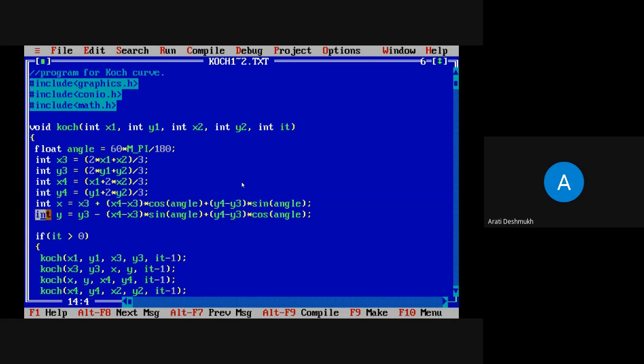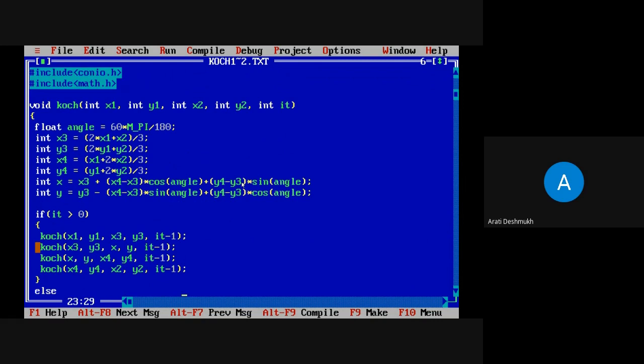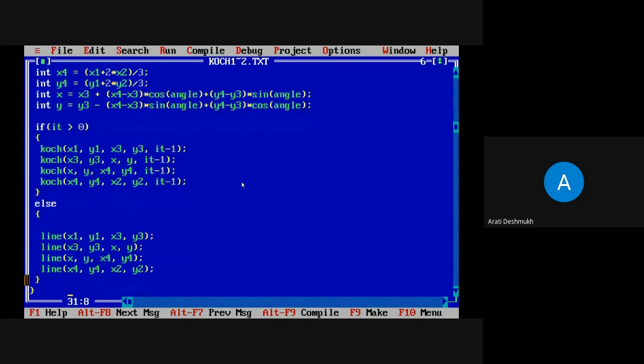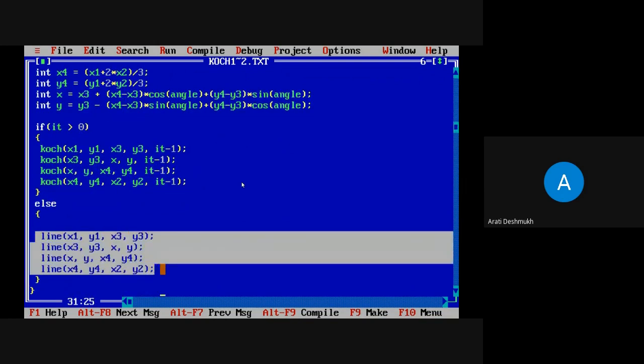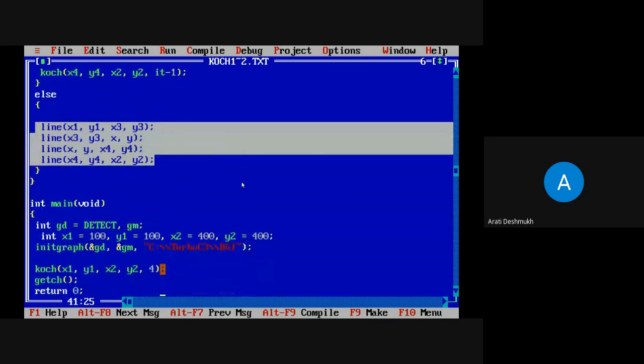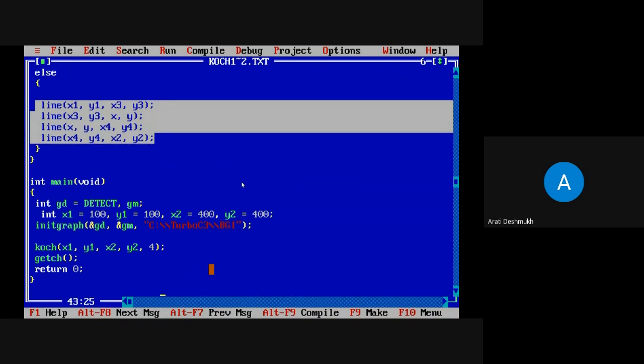We are using this triangle, and we call this function again and again for the values if the level is greater than 0. If it is not, then we directly draw that line as it is. So we are calling the Koch function here. So this is the Koch curve.